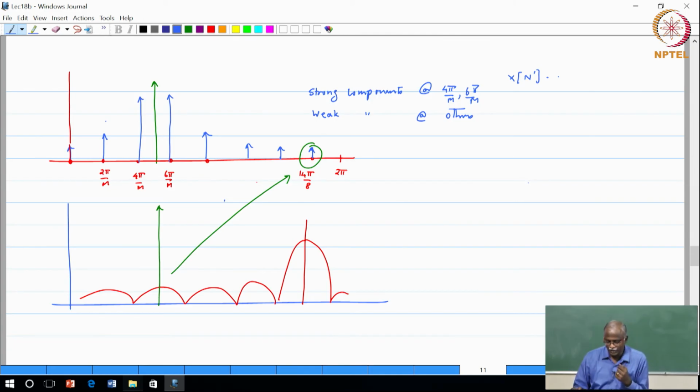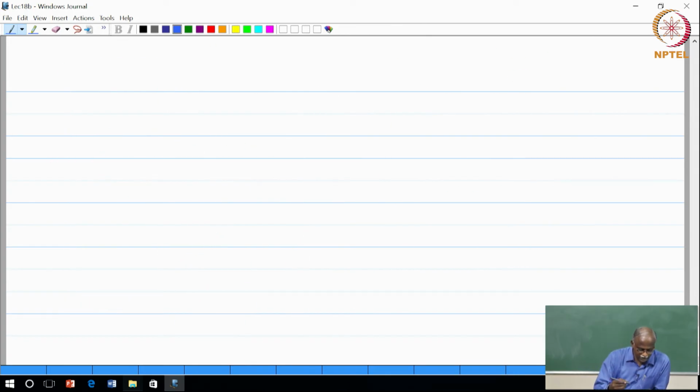Now the question: how will my structure get modified for this? The structure will be as follows. The original structure had a set of delays and advance operators, z, dot dot dot, z.